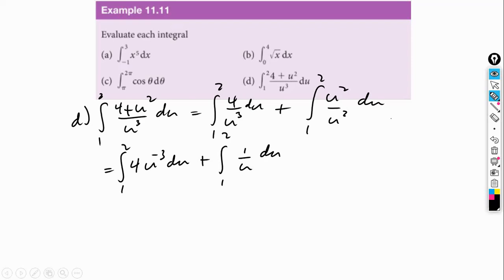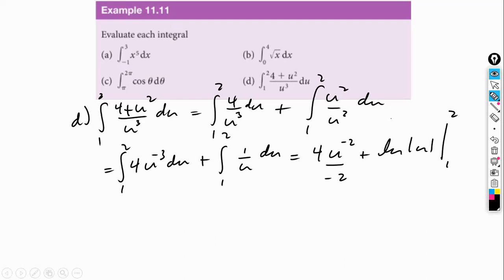And notice that we could rewrite this as being equal to 4 times u to the negative 2 divided by negative 2, plus the natural logarithm of the absolute value of u. And because it's a definite integral, it would go from 1 to 2.